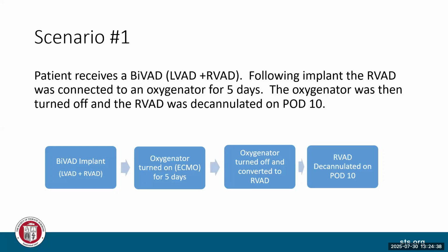So the BIVAD went in, so you already have your RVAD entered. And then the oxygenator was turned on for 5 days. So there's nothing you need to do at that point. You just leave the RVAD in the database. And then the oxygenator was turned off and converted to an RVAD. Nothing you need to do. And then it was taken out on post-op day 10.